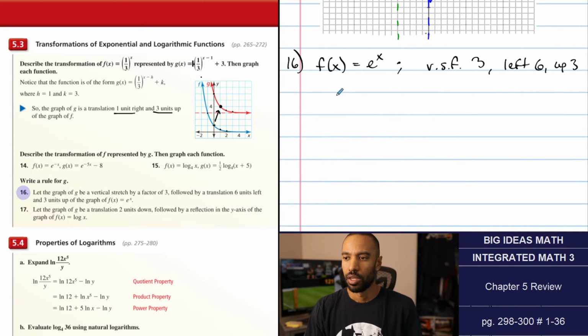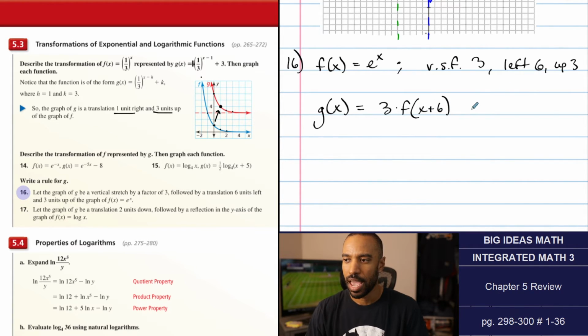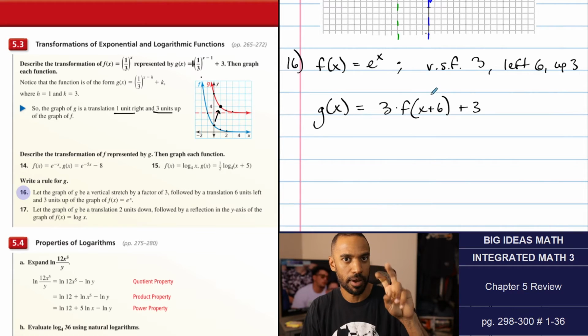Okay. Let's begin with the verticals. Well, we can probably do this all in one step here, but the g of x is going to take your f of x where you vertically stretch it by a factor of 3, like so. There's the function. Inside the function, we got to go 6 left. That means there's a reversal of here. And then up 3 follows all this. Remember, this up 3 is not affected by the times 3. Even the plus 6 isn't affected by the times 3.